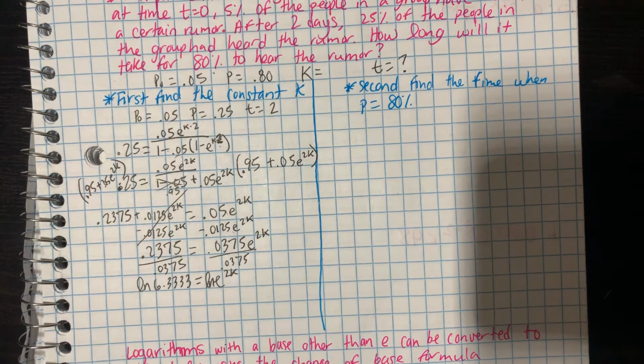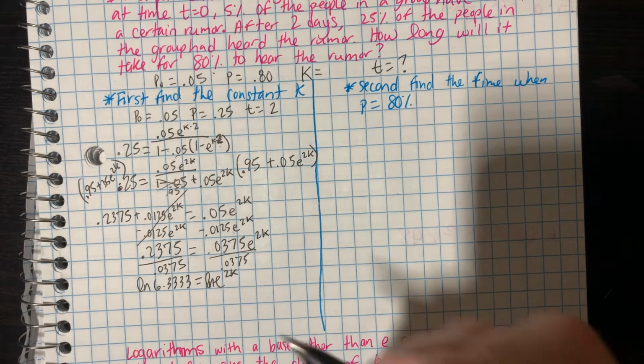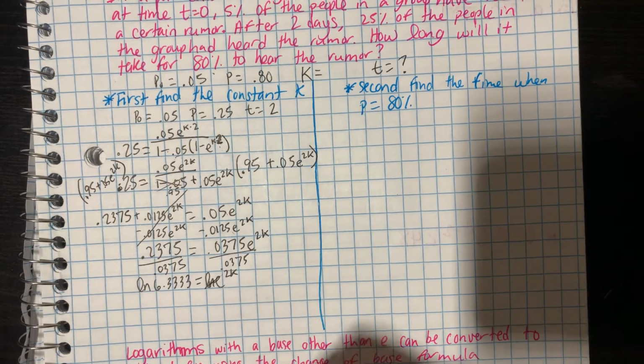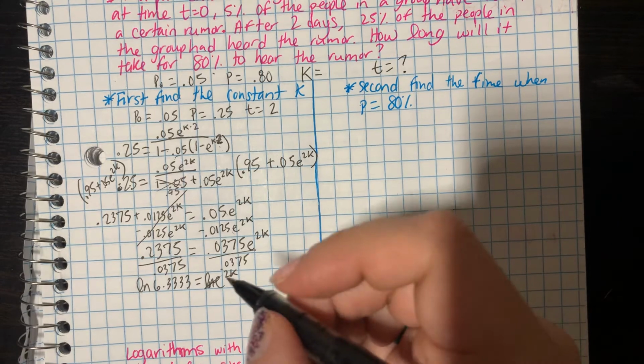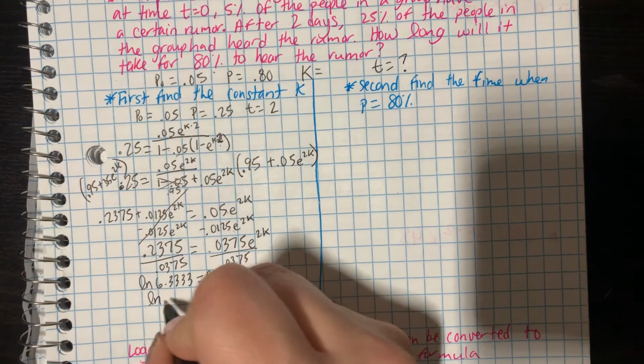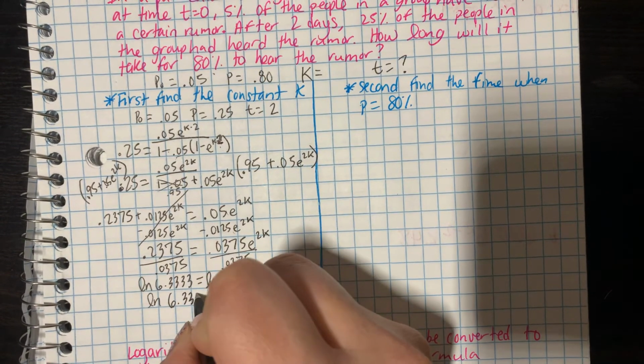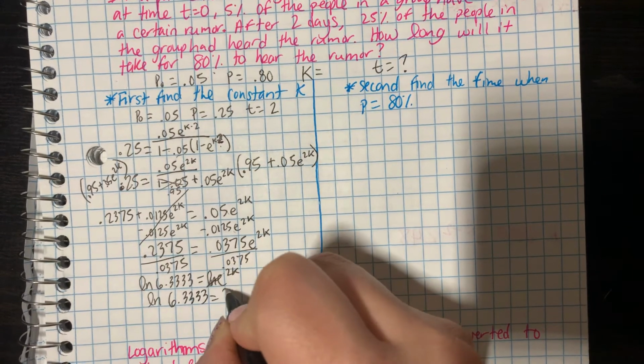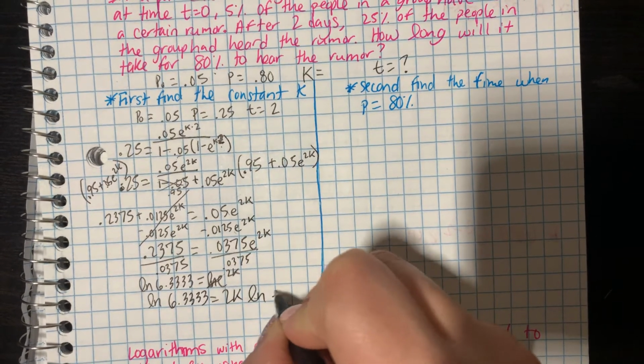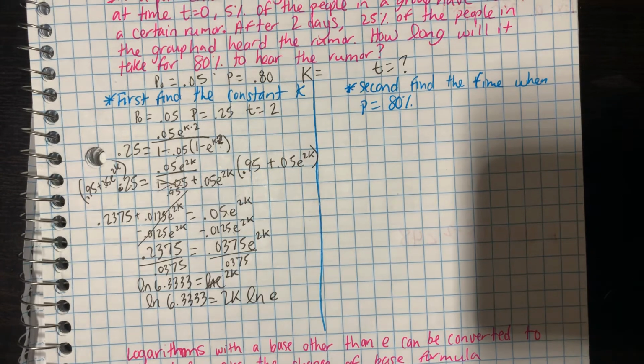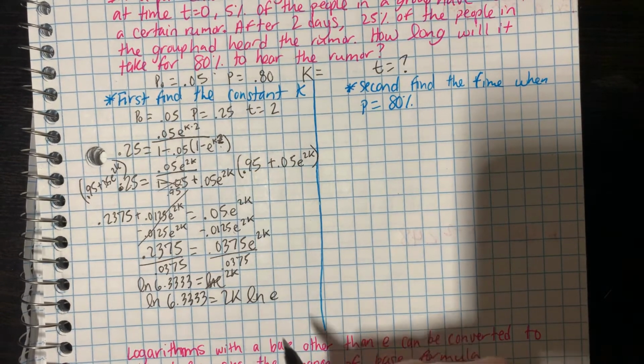Taking the ln with base e is the same as taking log of a base 10. So this will go away, and we'll have ln of 6.3333 equals 2k ln of e. Ln of e is just equal to 1.